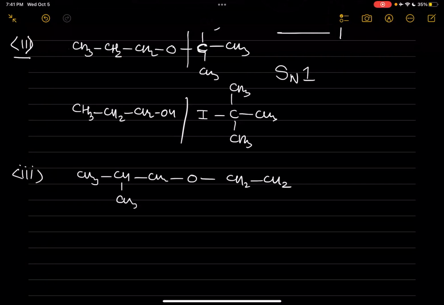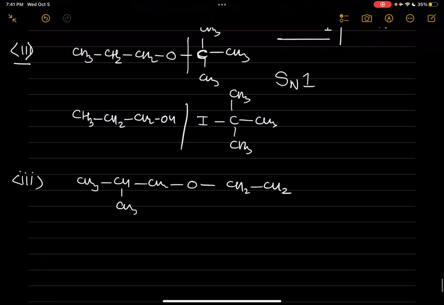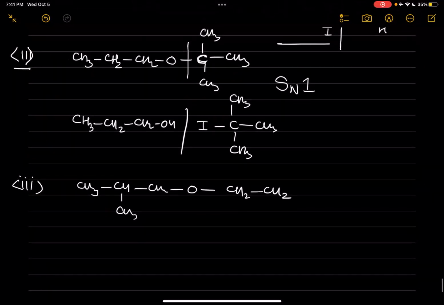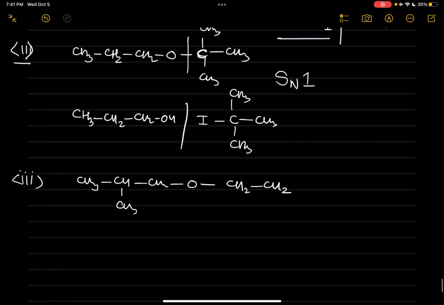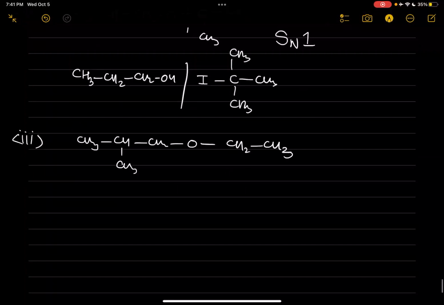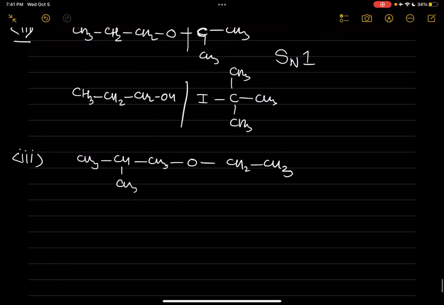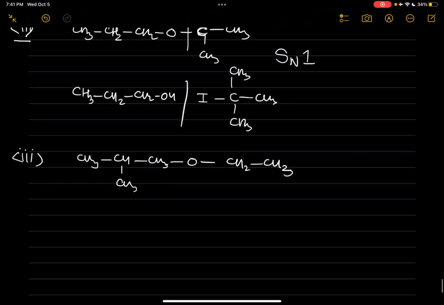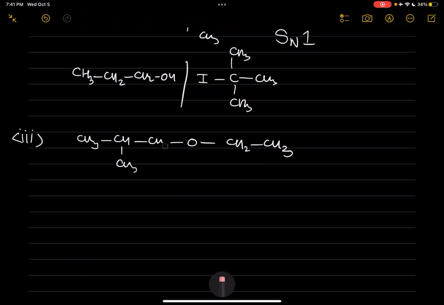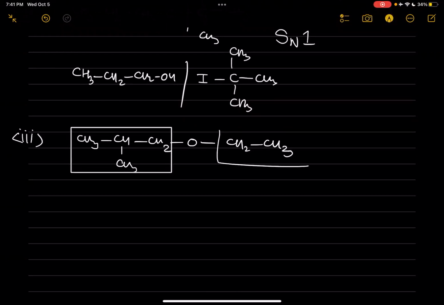It is example 11.7 from the textbook itself, but a very good example, so that's why we are covering it. So in this one, just think whether there is any alkyl group, either this one or this one, which can form a stable carbocation.